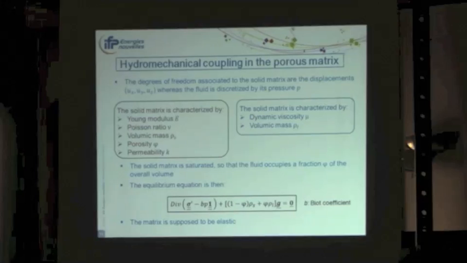The solid is saturated by the fluid, so that the fluid occupies a fraction phi of the overall volume. Then the equilibrium equation is the following, where these terms account for the hydromechanical coupling.